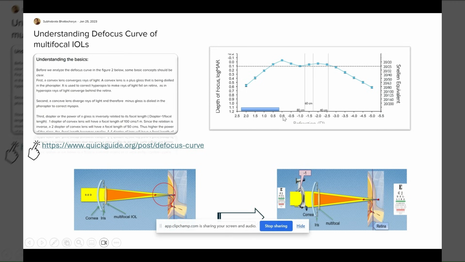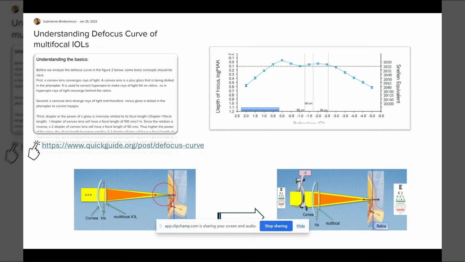Now, with the defocus curve, what are we trying to see? In the defocus curve, we are trying to understand the lens function, what the lens is capable of giving to your patients, and not what the patient is seeing after the implantation of the IOL. Now, these are two different things. What the patient says after implantation with the intraocular lens may be a function of IOL calculation, biometry, your capsular exercise, therefore ELP.